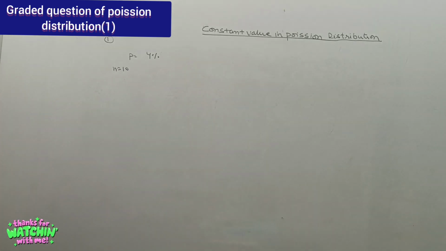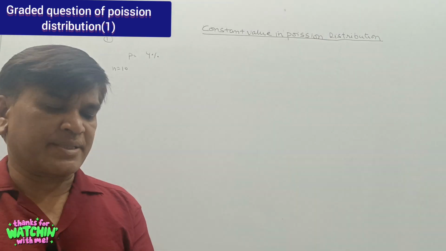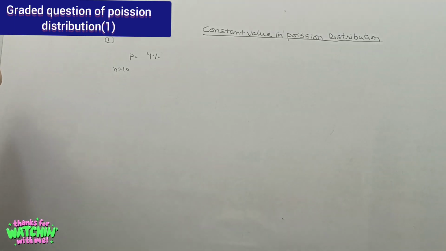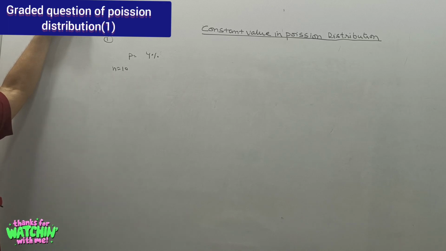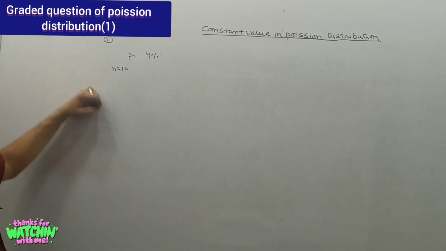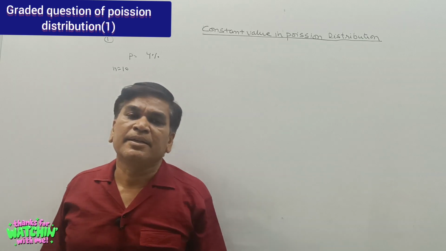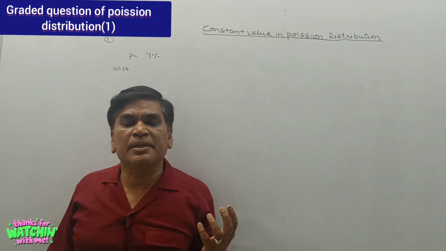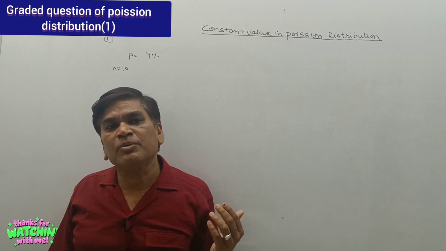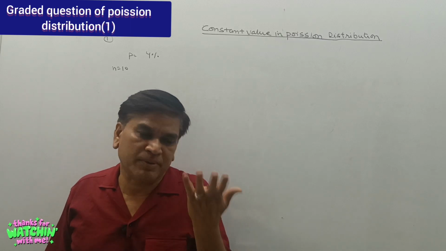The question is this: as a universe, the probability of getting a defective item is 4%. If the sample size is 10, then calculate the probability of not more than 2 defective items.